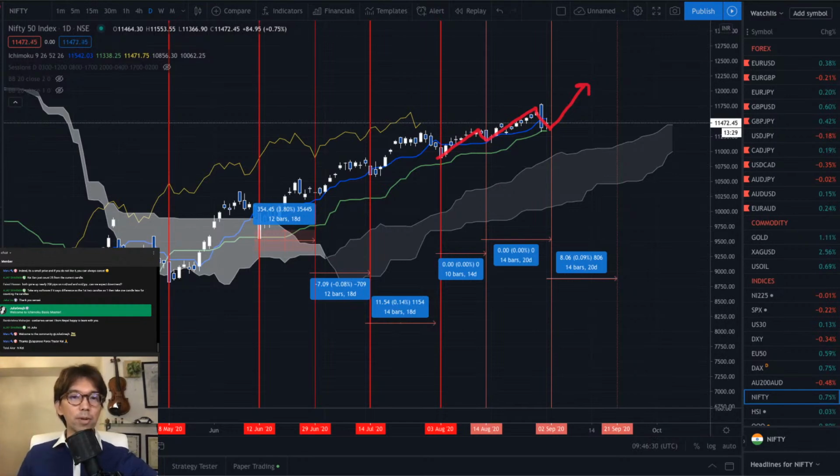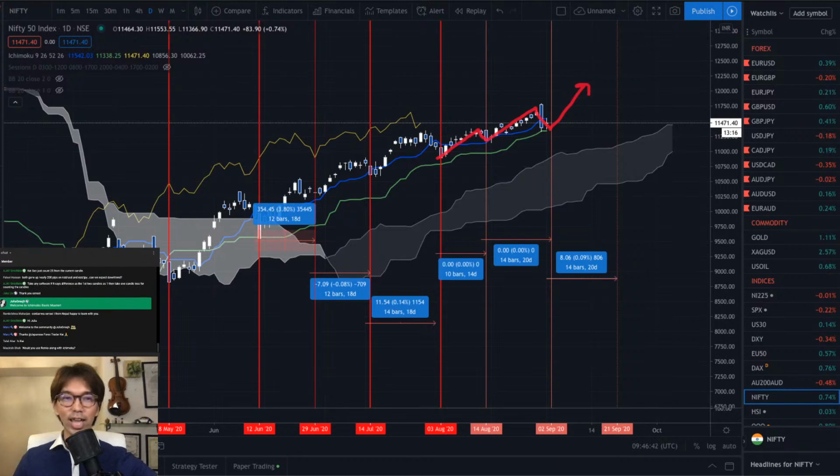So that's why we better stick to candlestick patterns to go along with the Ichimoku lines and also these time cycles and wave analysis. In my opinion. No offense to Heikin Ashi users, but in my opinion, I prefer candlestick patterns.